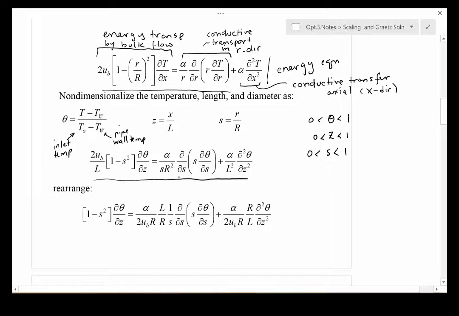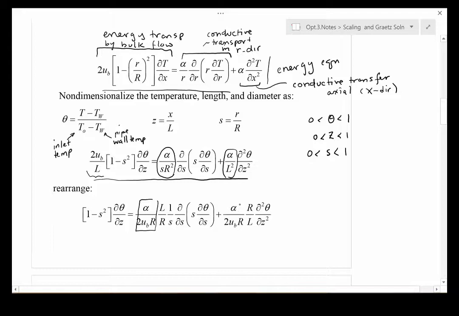The coefficients that we get out of this problem are things like alpha over R squared, alpha over L squared, and we get a modification here, this 2UB over L. It's worth rearranging this a little bit more, and all we're really doing is dividing through by this 2UB over L. In doing so, the term that is particularly important is alpha divided by UB times the diameter.